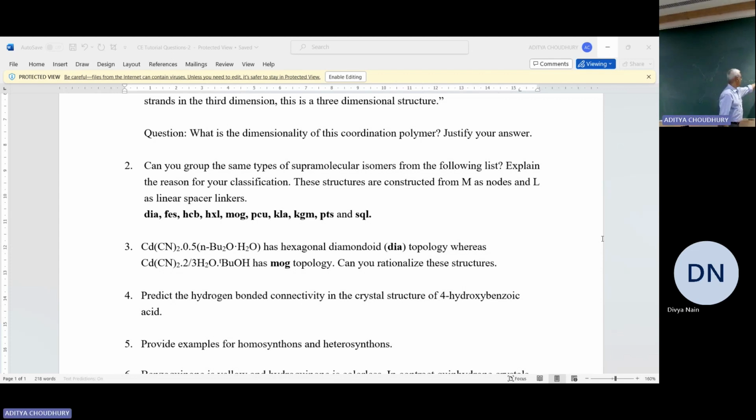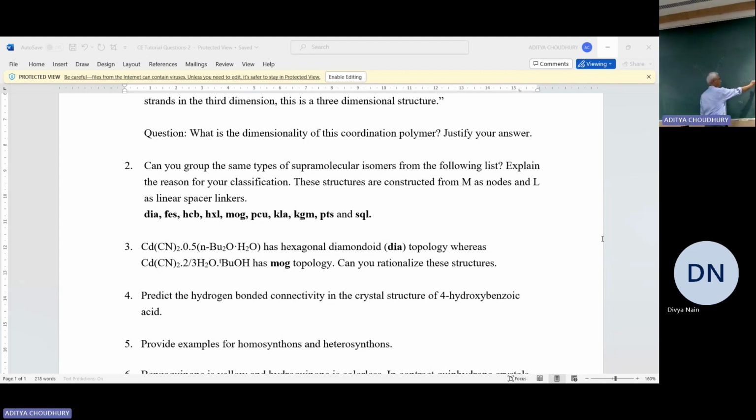How do you satisfy this? What is the ratio of octahedral to tetrahedral according to Mog? 1:2, tetrahedral to square planar, right? That means this one should be 1 cadmium, which is 6 coordinate. And then the other one is 2 cadmium, which is 4 coordinate.